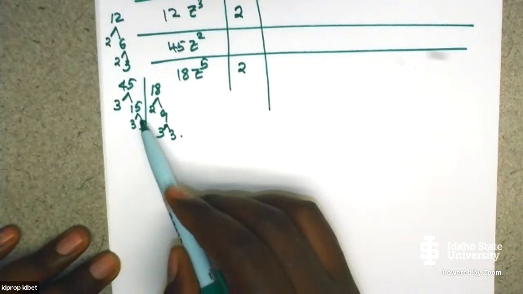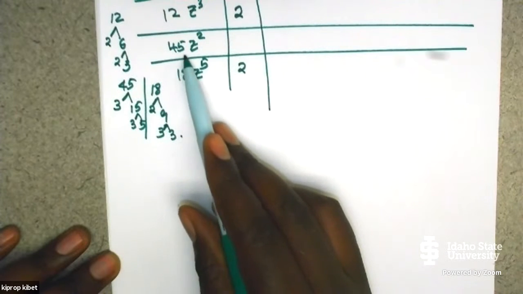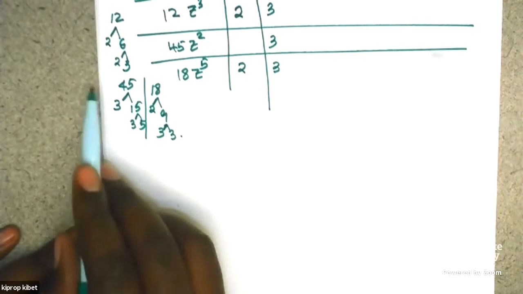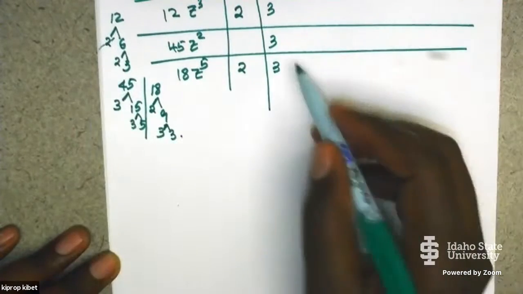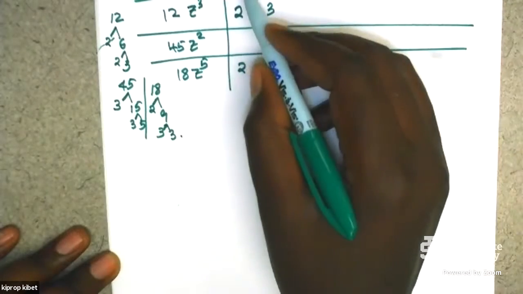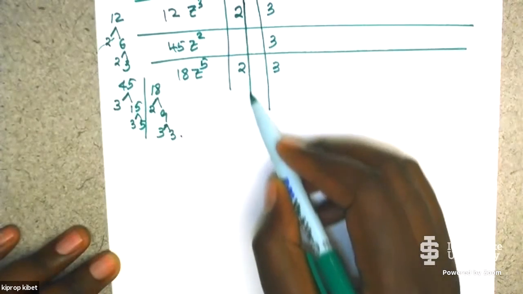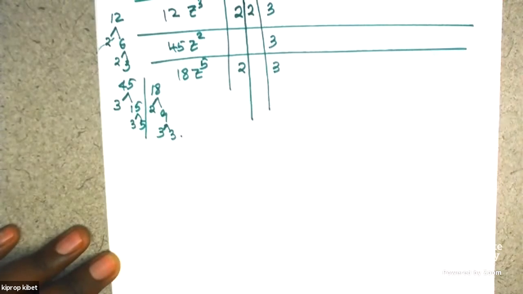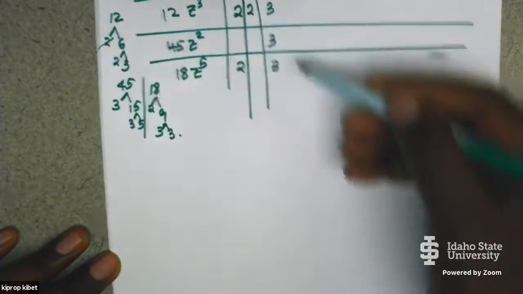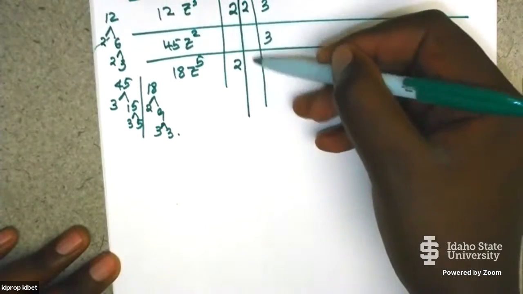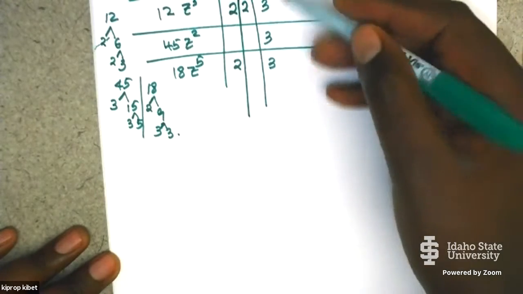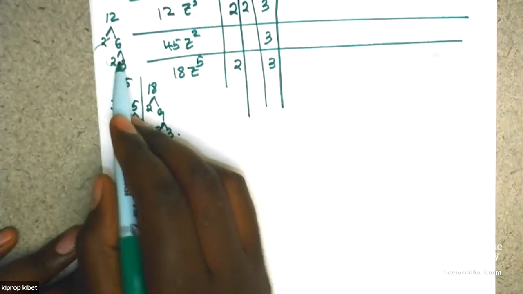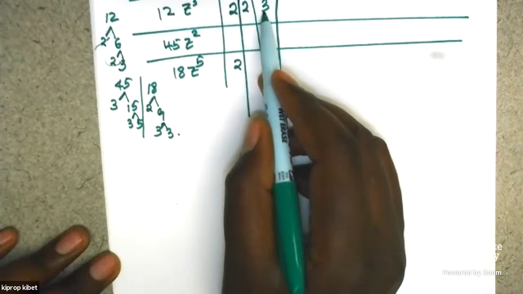Then 3 is found in all of it, right? So 3, 3, 3. What remains? We still have another 2 here for 12. So we don't have another 2 in the others. Then we don't have another 3 for 12.